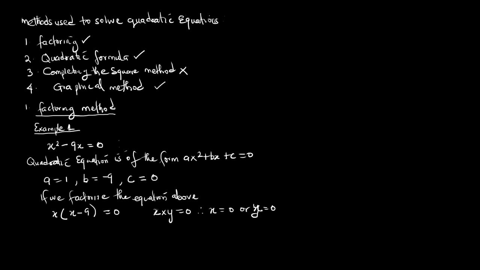So similarly, if we apply the same principle here, that means either we have x equal to 0, or we have x minus 9 equal to 0, in which case my x now becomes equal to 9. So the solution to this problem is x is either 0, or x equal to 9.